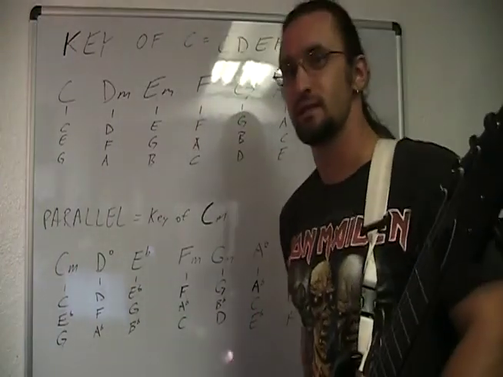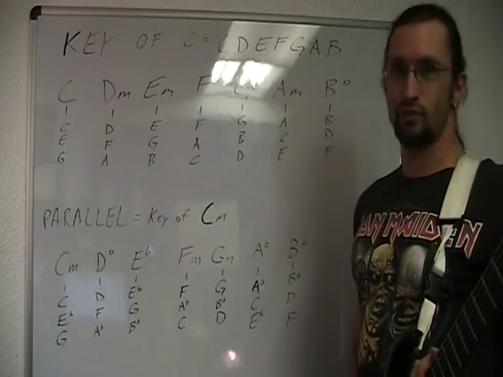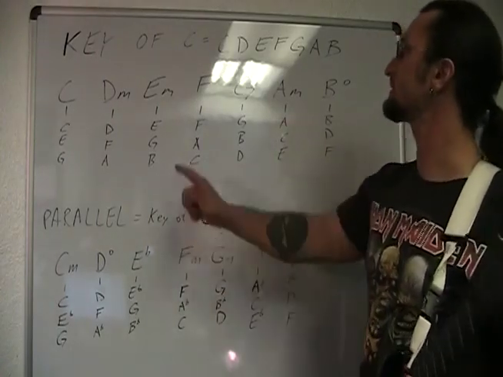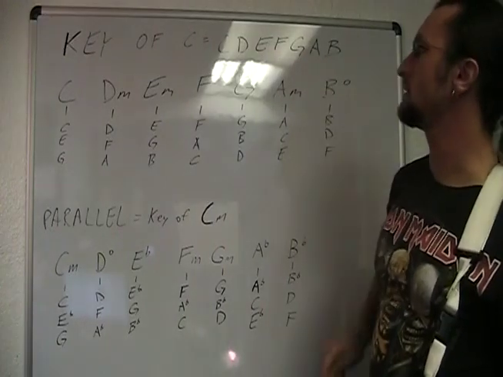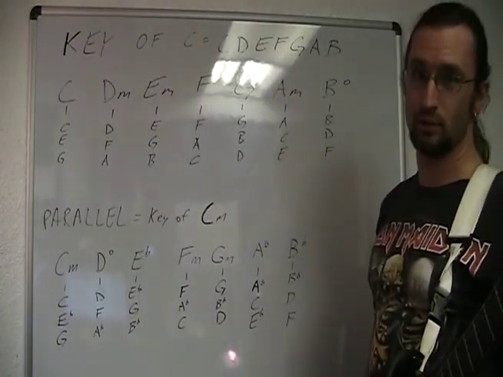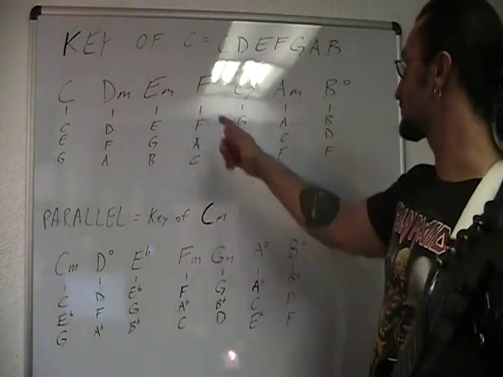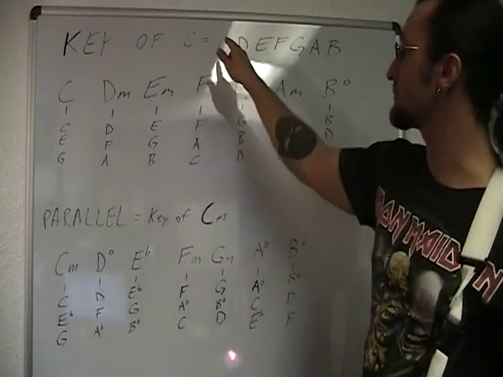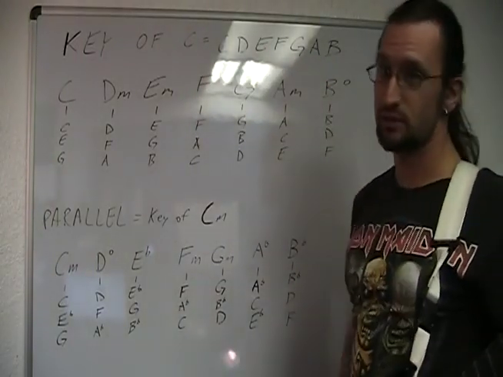So, key of C. Key of C consists of all your natural notes. You got C, D, E, F, G, A, and B that make the key of C, and the basic chords, or your triads, come from these notes. You're basically skipping every other note in the key to get these chords.